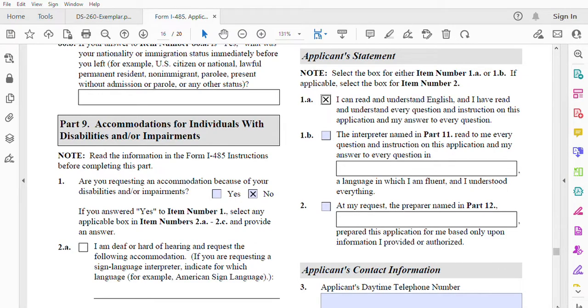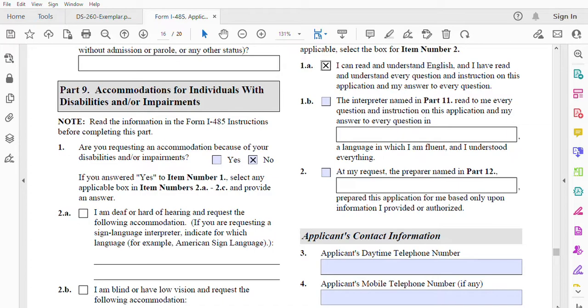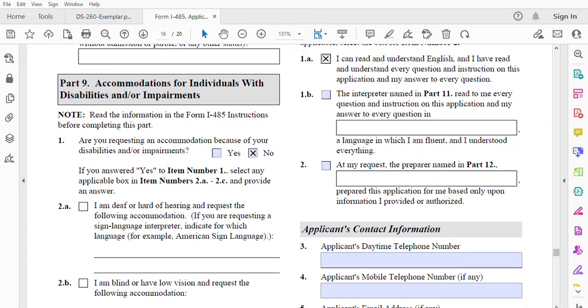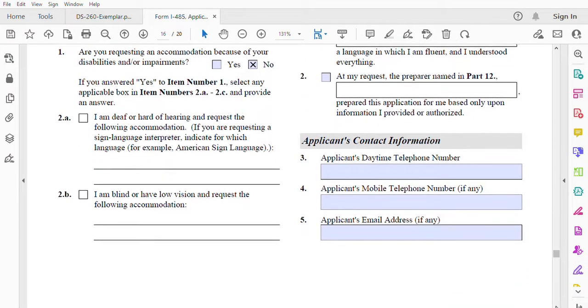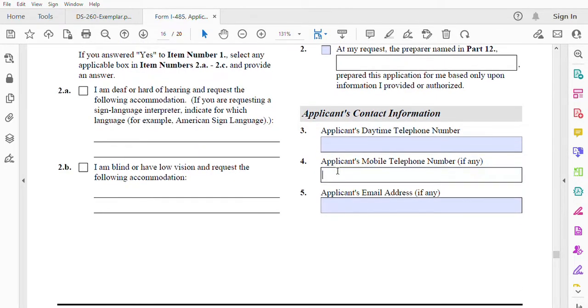For us, we did not use an interpreter or preparer, so it's going to be blank. Applicant contact information. The mobile number is 317-222-2222. The applicant email address is bd@gmail.com.